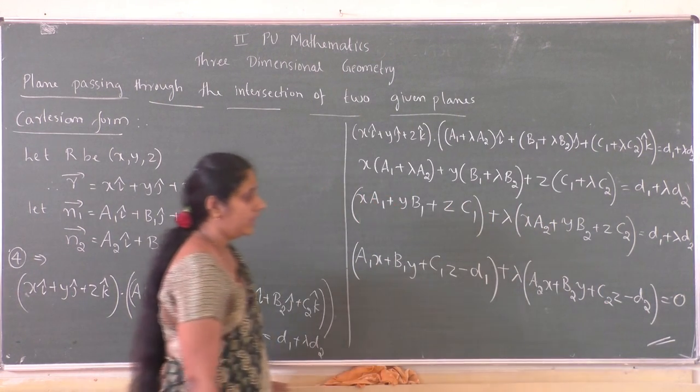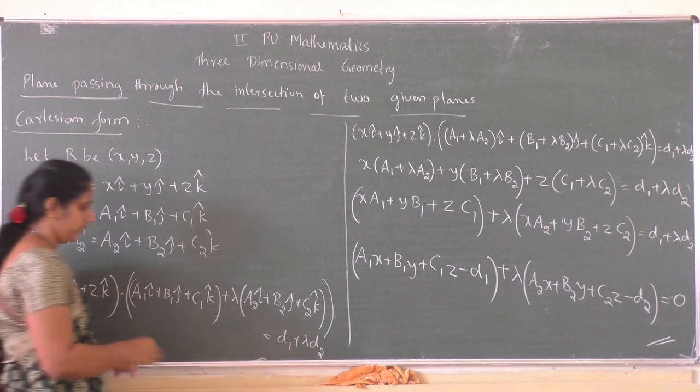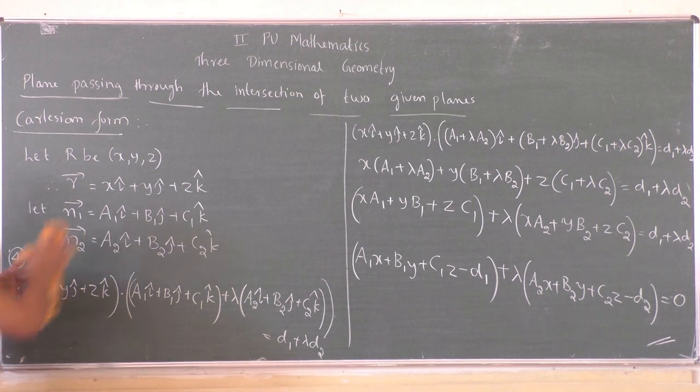So this is the required Cartesian form of the equation of the plane passing through the line of intersection of the given two planes. So now we will do some problems regarding this.